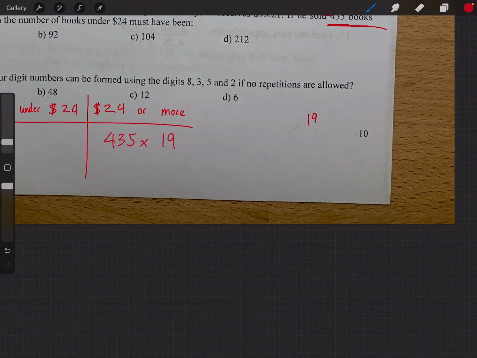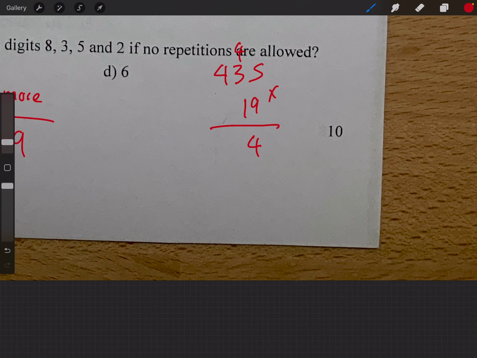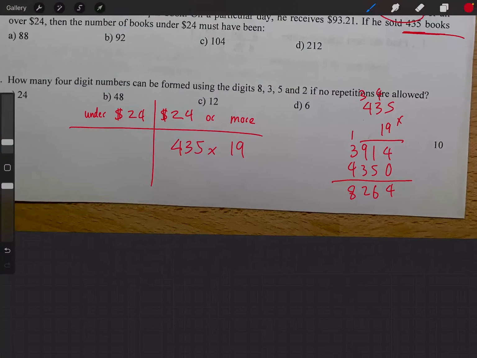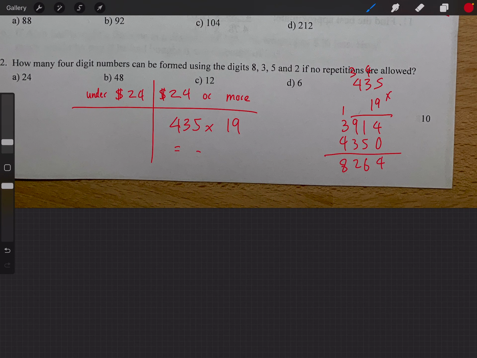Let's work it out. 5 times 9 is 45, 5 times 3 is 15, 15 plus 4 is 19... So for this one, he's going to get 8,264 cents.